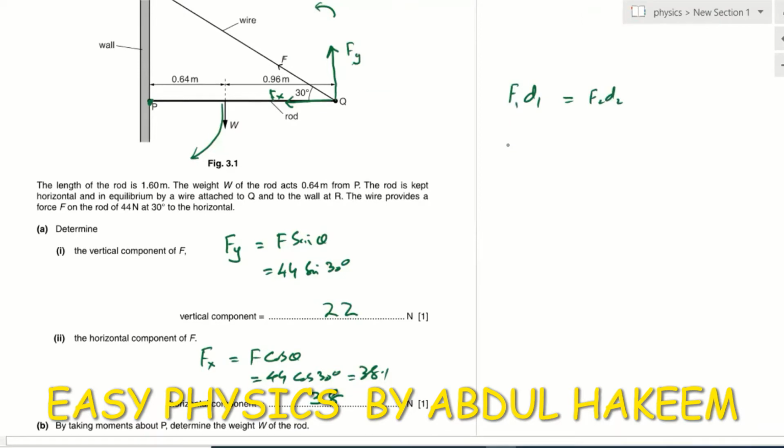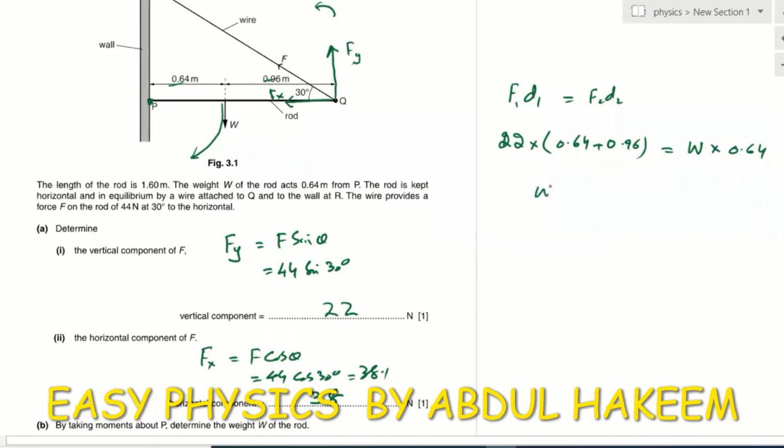So F1 is Fy, which is equal to 22. Its distance from the pivot will be 0.64 plus 0.96. We have to add these two distances from the pivot. So F2 is W, which is required, and its distance from the pivot is just 0.64.